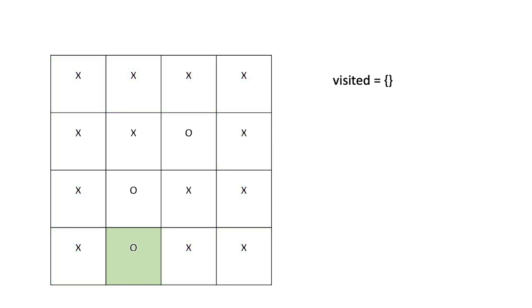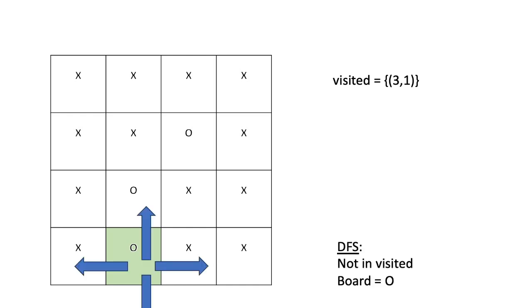We will mark visited as an empty set in order to remove the duplicates. We have one cell as O. We will add this cell to our visited set. Now we will traverse on all four sides. We will traverse if the cell is not visited and the board has the value O. In this particular case, we cannot traverse down because we don't have any cell, so we will traverse on the other three sides.